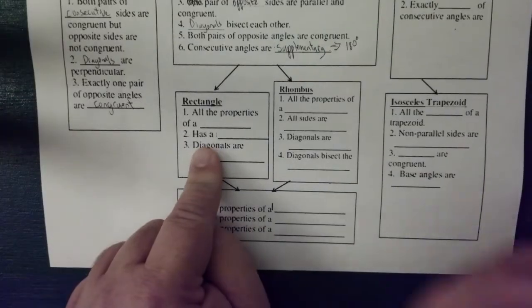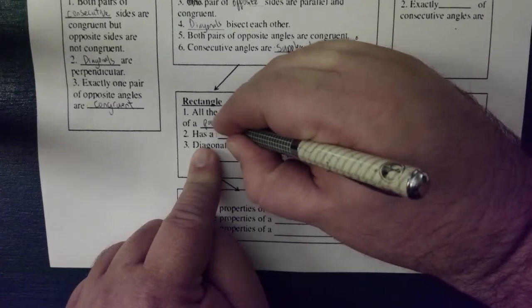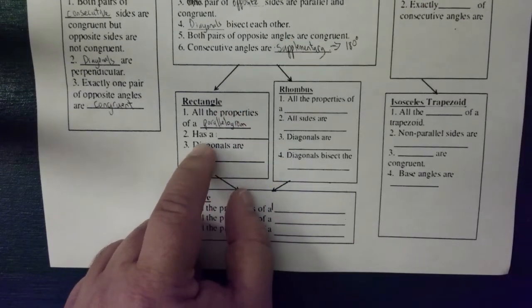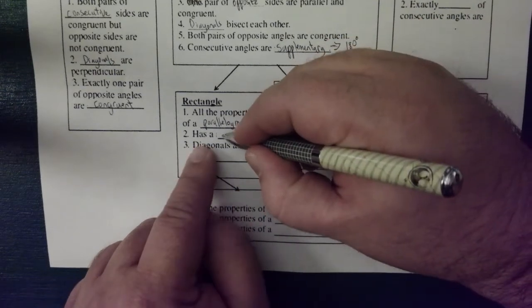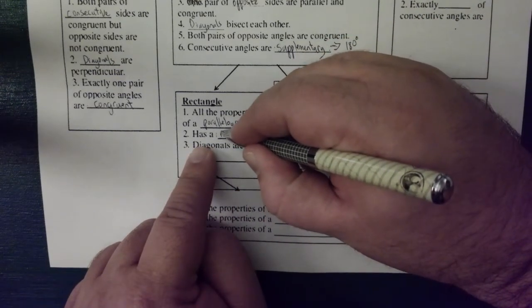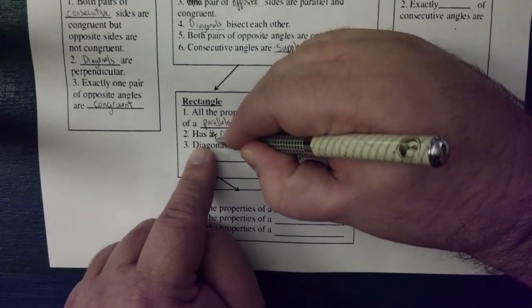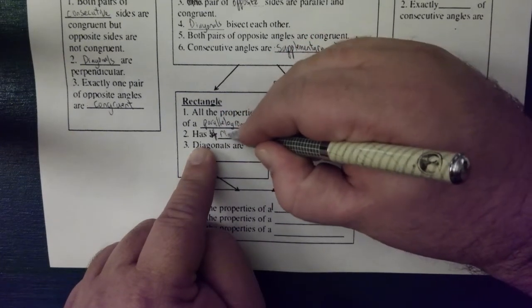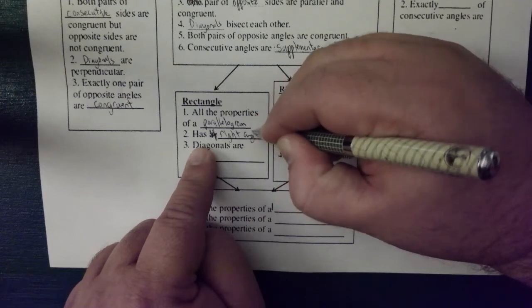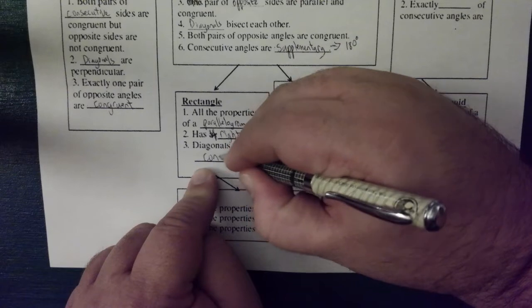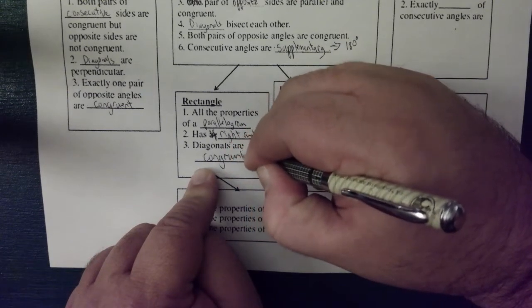All right, a rectangle has all the properties of a parallelogram. It has four right angles, and the diagonals are congruent.